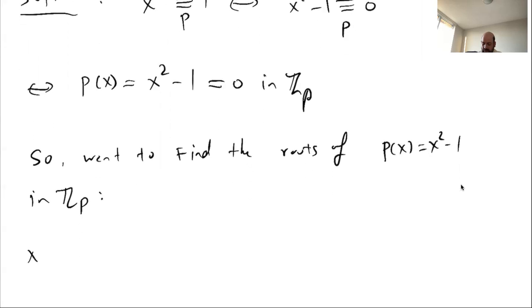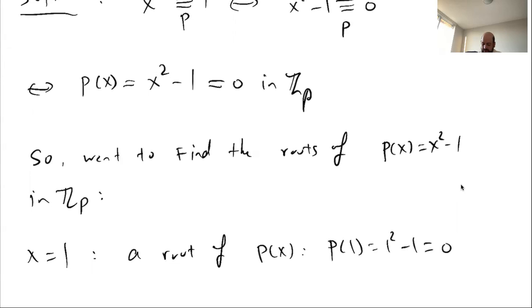So x equals 1 is a root of P of x, because P of 1 is equal to 1 squared -1 equals 0.